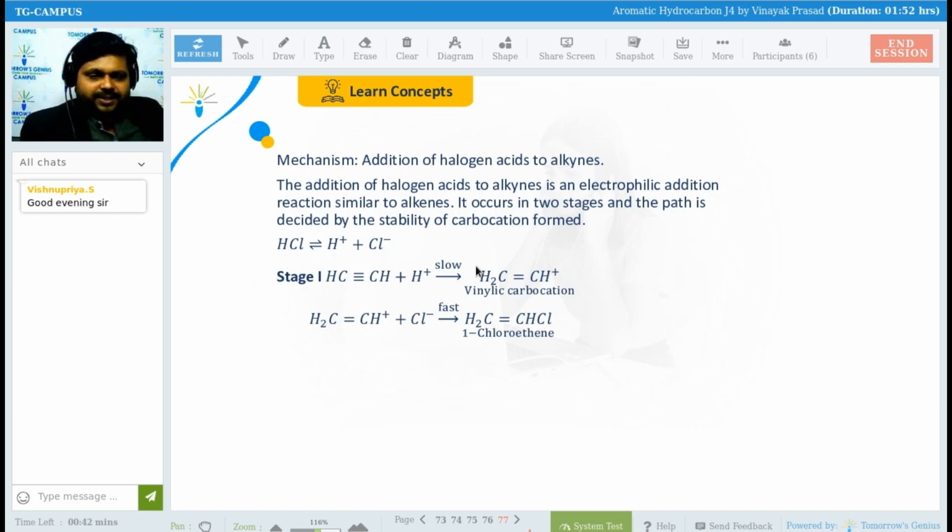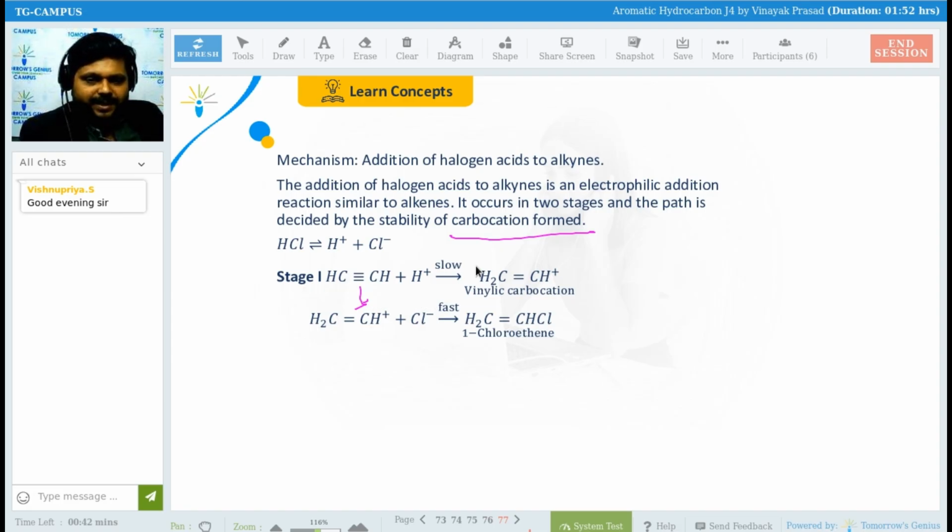Now guys, how will this tetrahalogen form? See here, addition of halogen acids to alkyne is an electrophilic addition reaction similar to alkenes. It occurs in two stages, and the stability of the carbocation formed decides the orientation. See here, the triple bond is there, so this triple bond will break down and HCl is there, right?